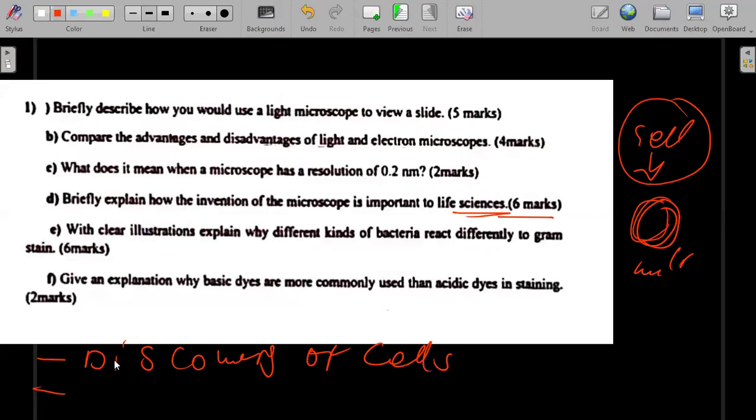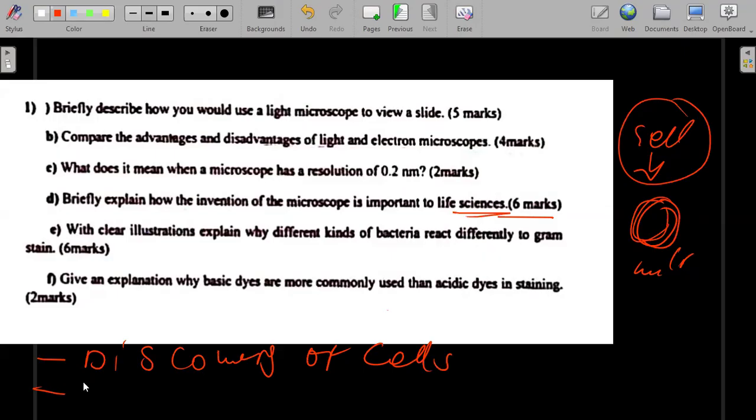Okay, and we know that these cells are very tiny. We cannot see them using our naked eye. We cannot see the parts of the cells using our naked eyes, isn't it? So for us to understand the structures of these same cells, we have to use a microscope.